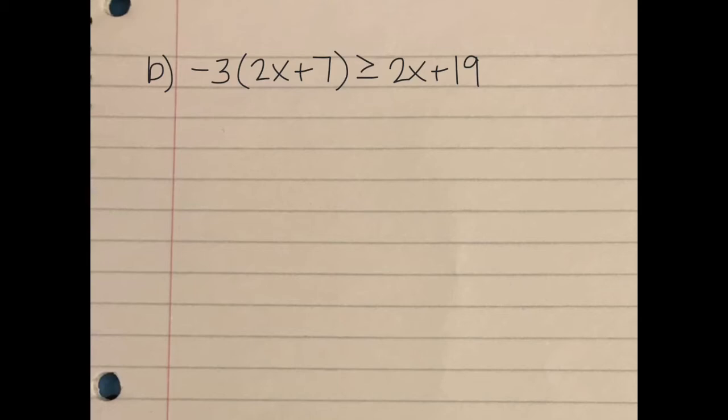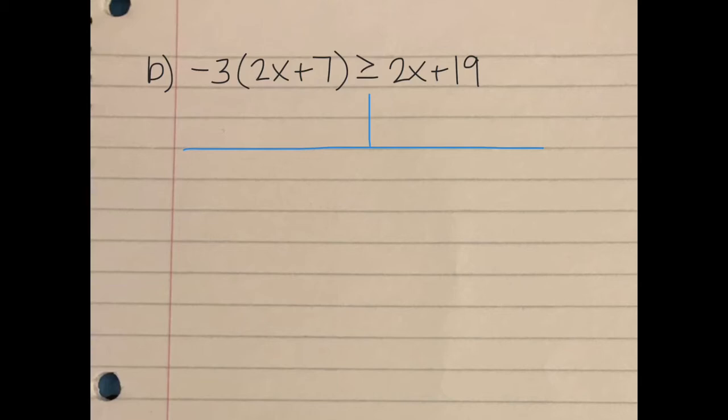So my first move is going to be to create my scale, and I'm using my inequality, my greater than or equal to sign, as the middle. And we're at the point now where we've got to start to do some visualizing.